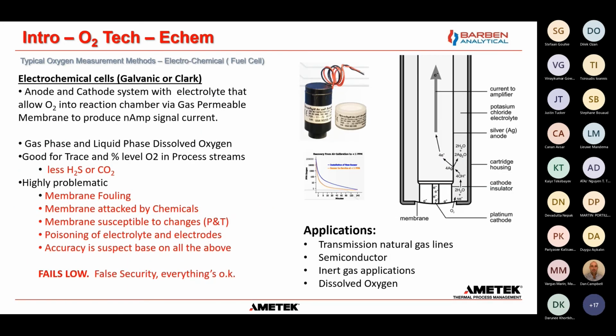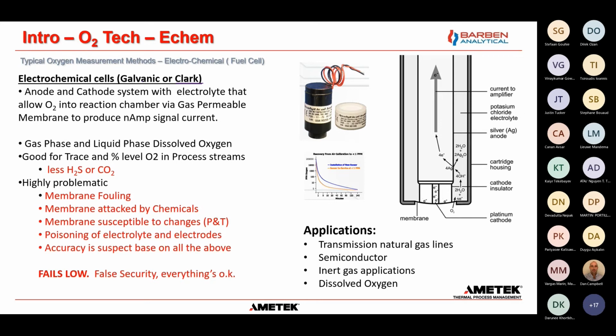So the guy who has filled the space of the trace level oxygen measurement for the industry has really been the E-Chem cells, the galvanic and the Clark cells, kind of group those again together. And for good reason. There are some differences between those two technologies of E-Chems.